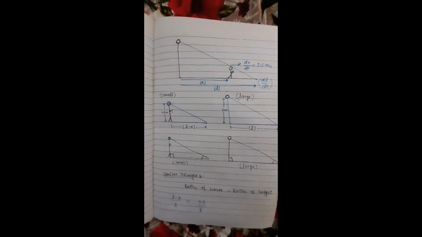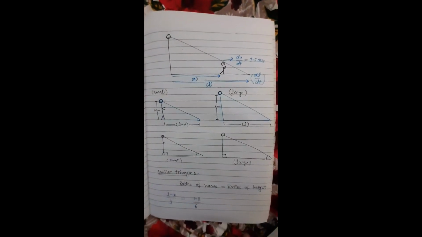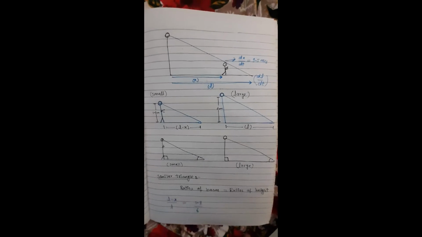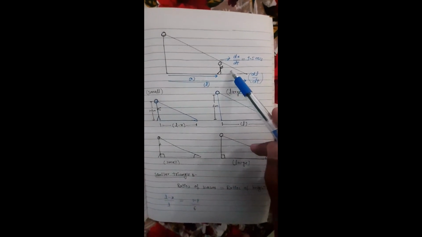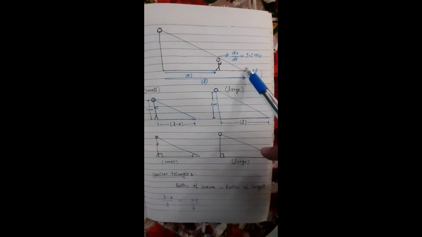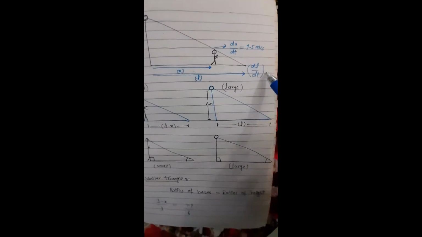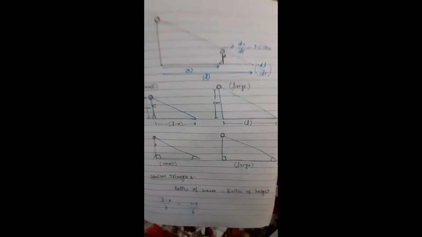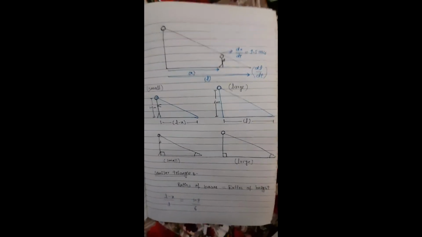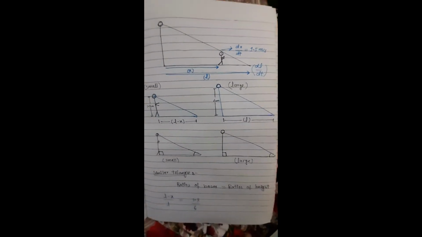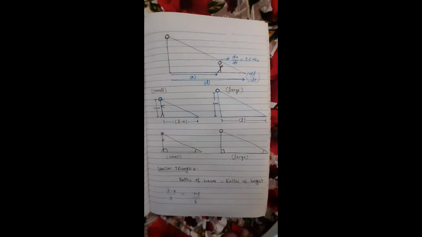Clearly, the faster the man walks, the faster the head of the shadow moves, that is, the larger dL/dt is. So the rates dx/dt and dL/dt are related, and we have to find the relationship between them.